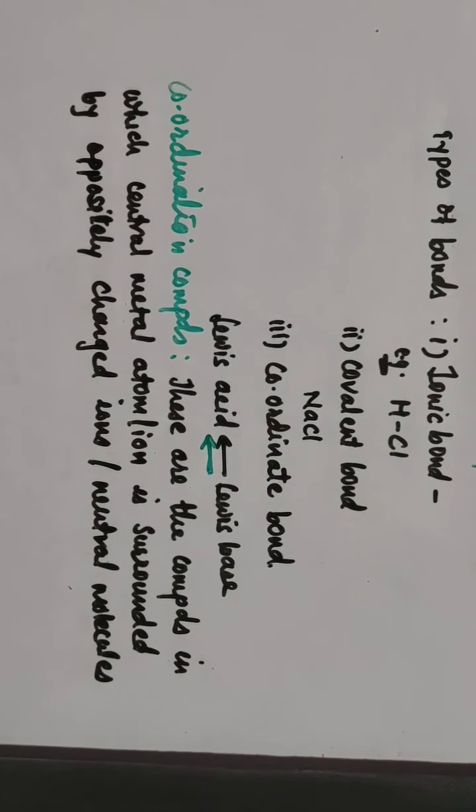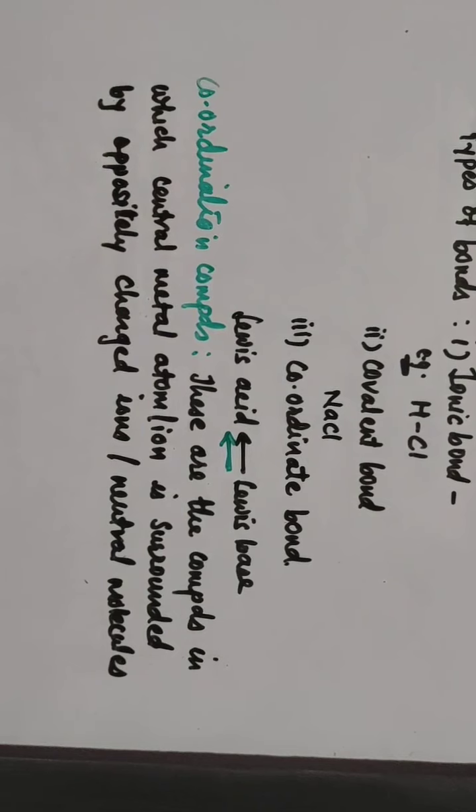So coordination compounds are the compounds in which the central metal atom or central metal ion is surrounded by oppositely charged ions or neutral molecules here.